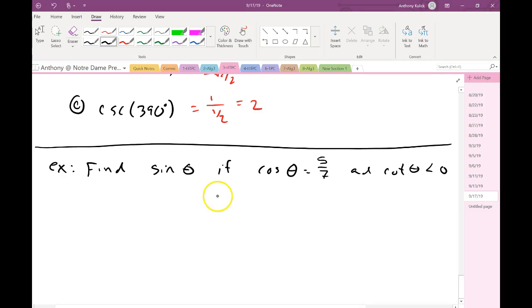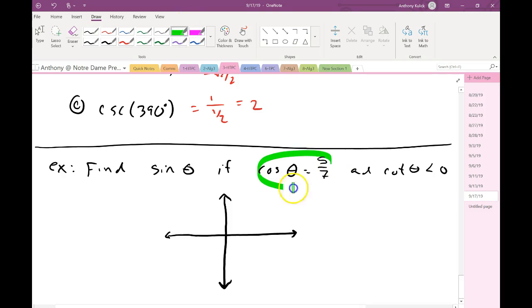So I'm going to start by drawing a picture. So I know that cosine is positive in 2 locations. It's positive in the first quadrant and in the fourth quadrant.